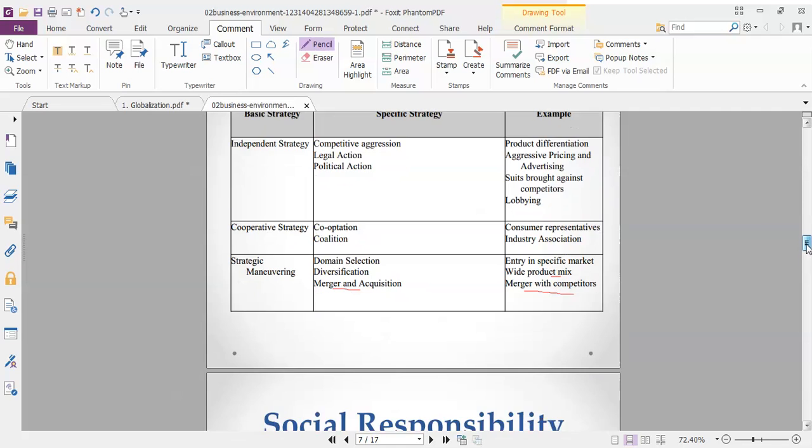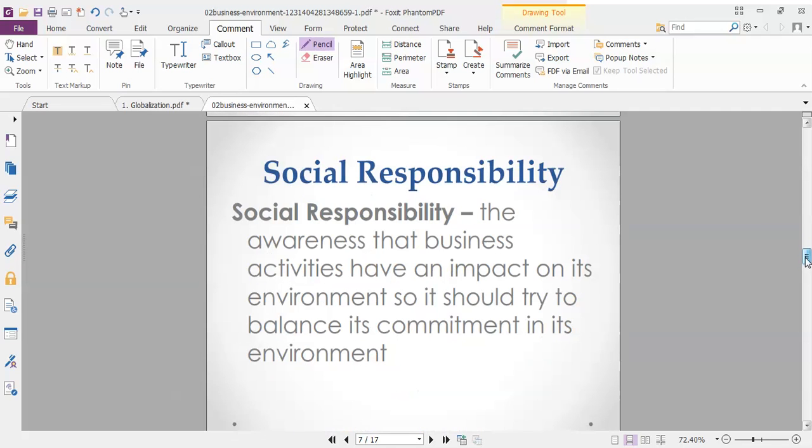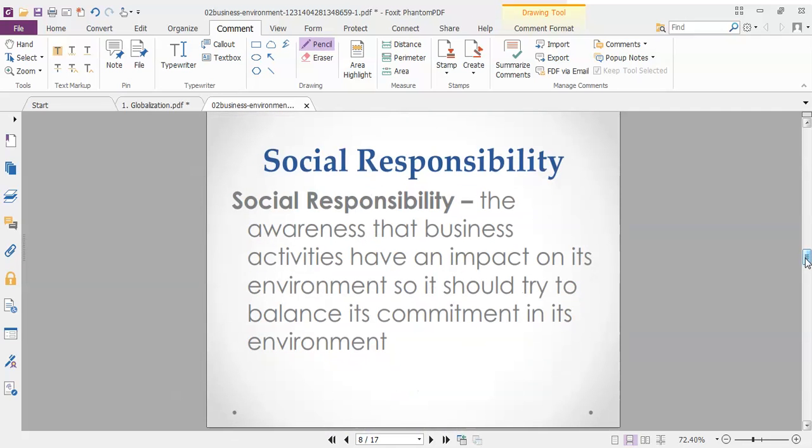Okay, let's look at social responsibility. What is social responsibility? Social responsibility is the awareness that the business activities have an impact on its environment.